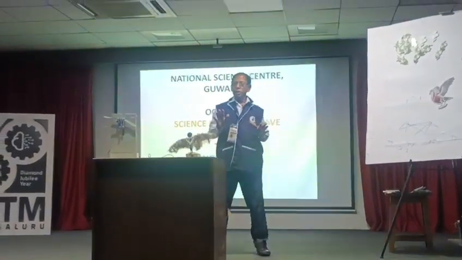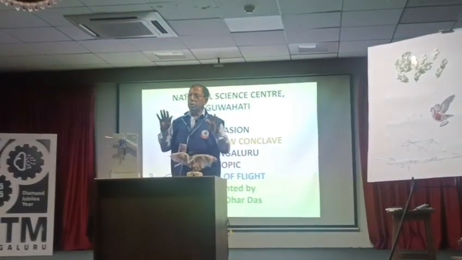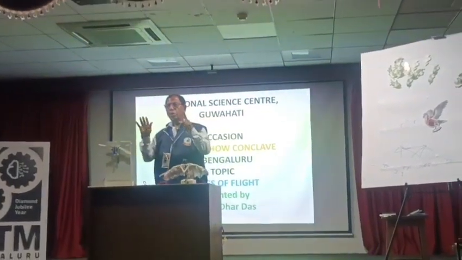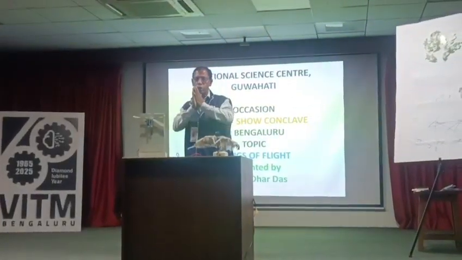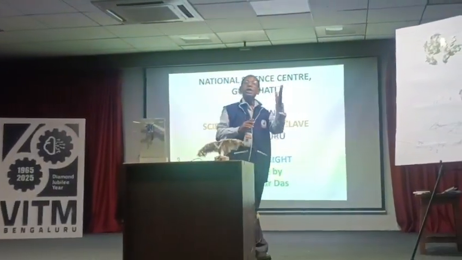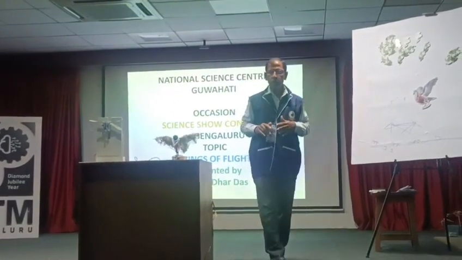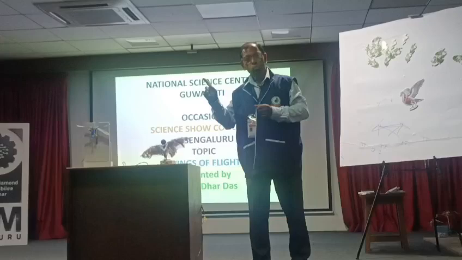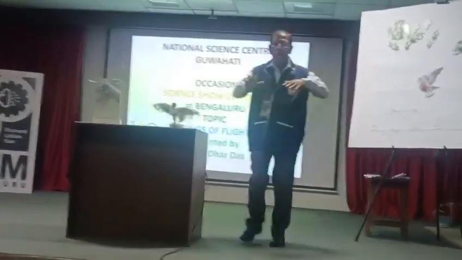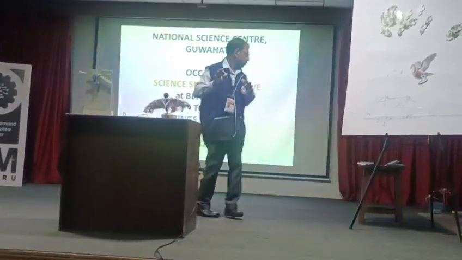Moreover, 5 to 6% of the total body weight of birds is bone, but in humans it is 10 to 15% of the body weight. So this is the disadvantage of humans and advantage of the birds, that they can carry their body easily. So one more.